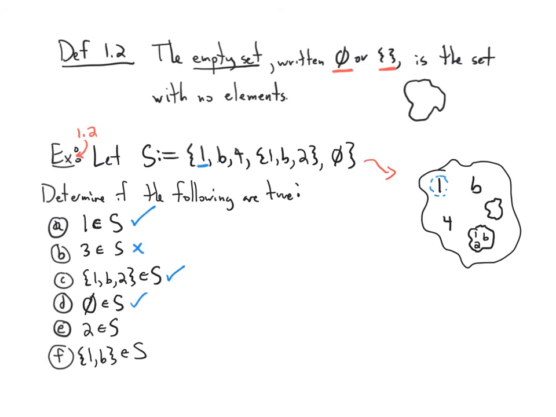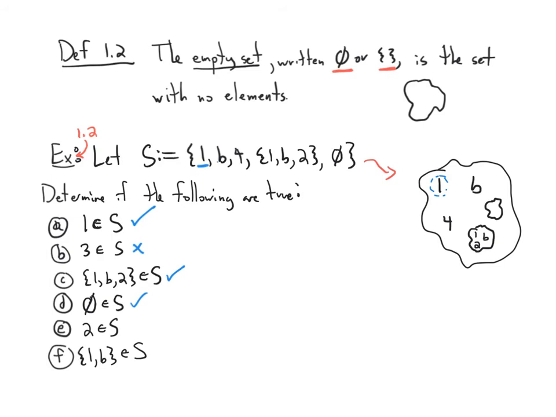2. Now I can't pull out a 2 because there are only 5 things in this set. The 1, the b, the 4, this bag containing stuff, and the empty set. Even though there's a 2 in here, I can't reach inside of that bag first. So I can't take out just the 2. So even though 2 is inside a set that's an element of this set, it's not an element itself.